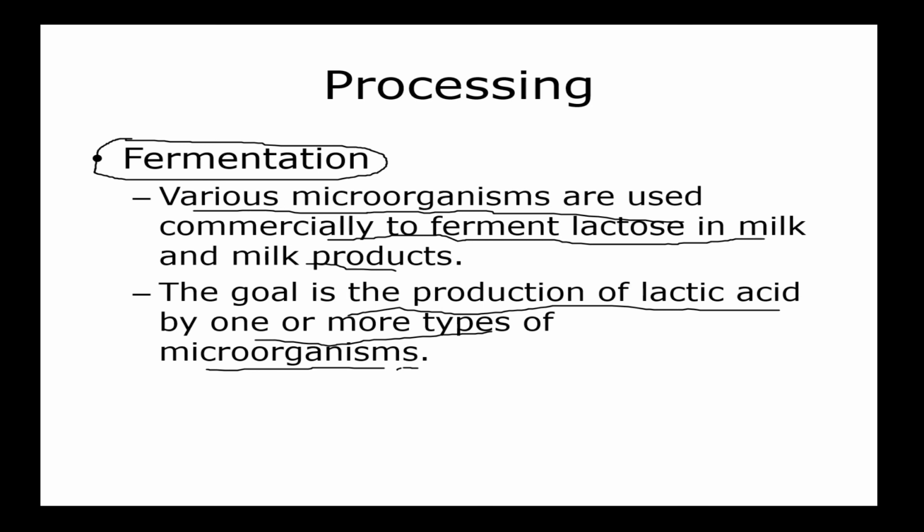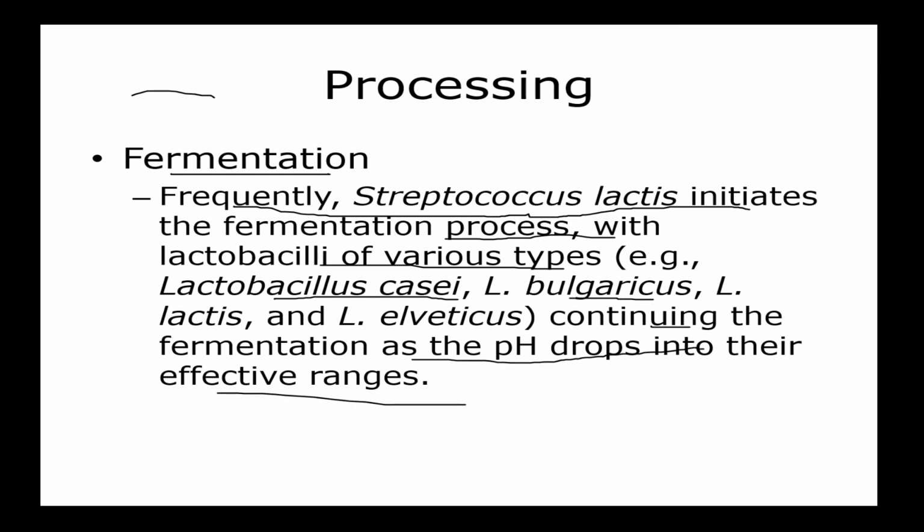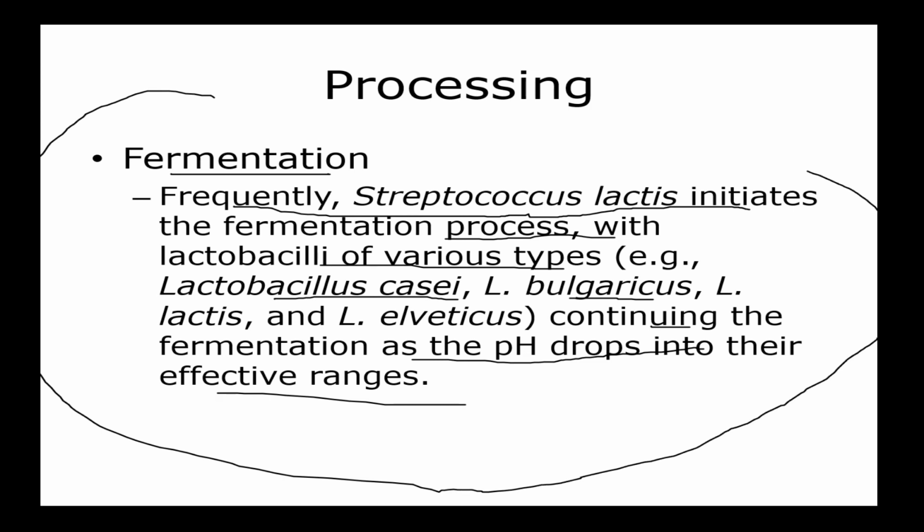We also use yeast for conversion to alcohol and beer production. Frequently, Streptococcus lactis initiates the fermentation process, followed by Lactobacillus of various types, which can be Lactobacillus casei, bulgaricus, or lactis, continuing the fermentation as the pH drops to the effective ranges. So this is a general idea of how a fermentation process is carried out.